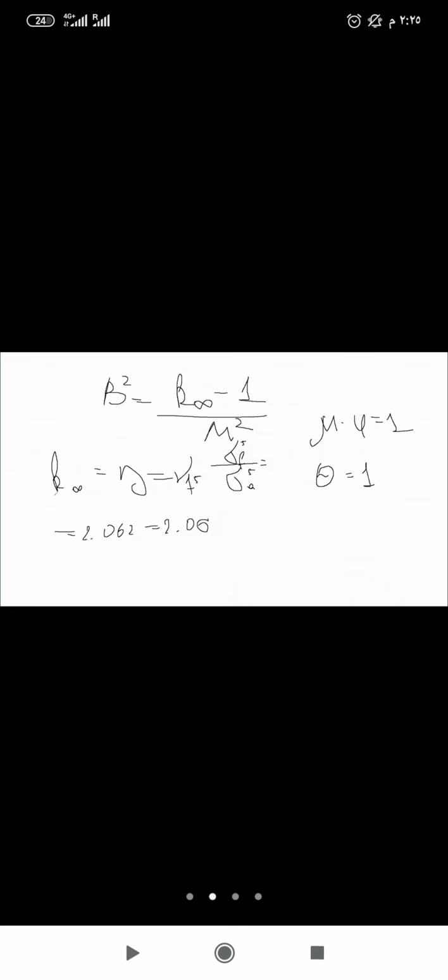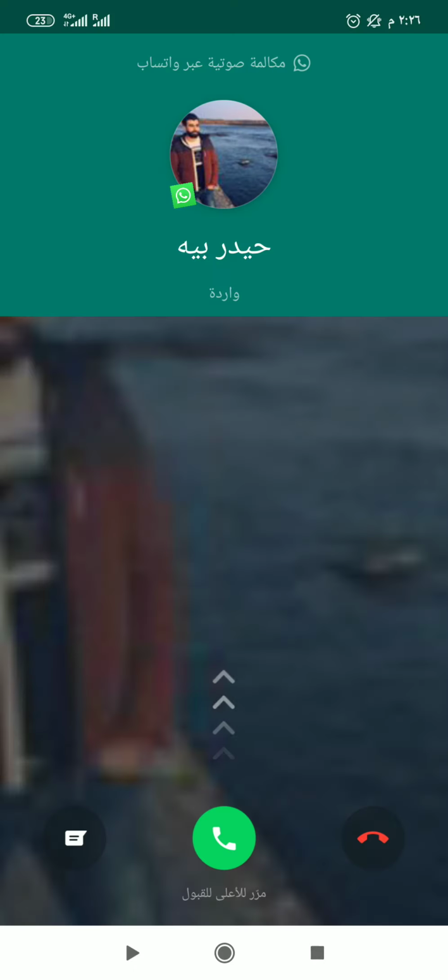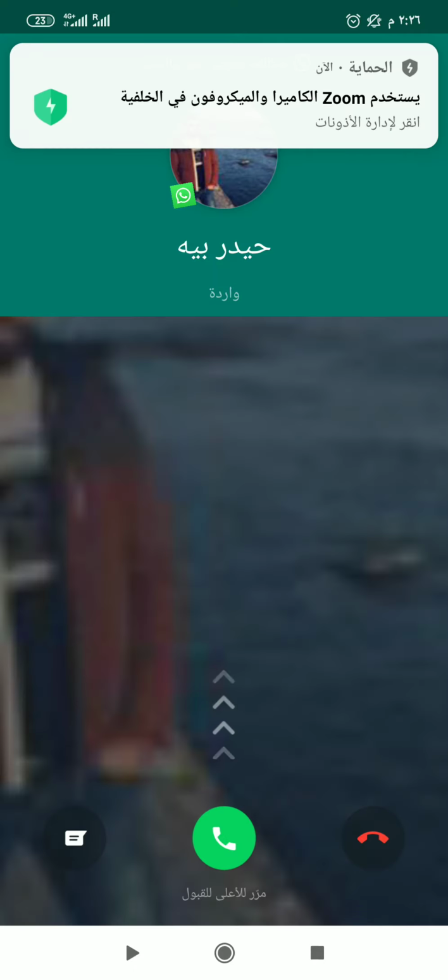So for b squared in these cases, we just have to put appropriate values. b squared in this calculation will be 0.000032. So b will be 0.018.